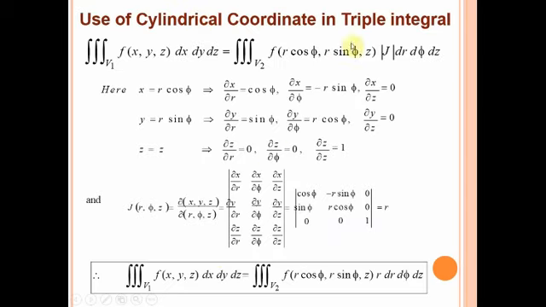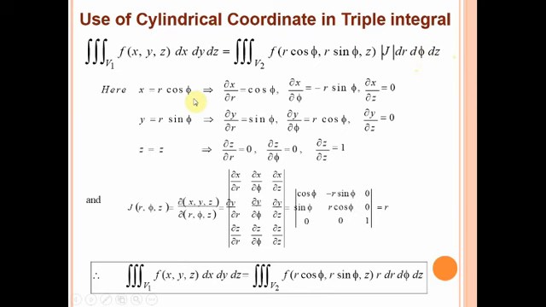So, the use of cylindrical coordinates in triple integration: f of x, y, z dx dy dz will be converted to again a triple integral of f of r cos phi, r sin phi and z, times the Jacobian, dr d phi dz.